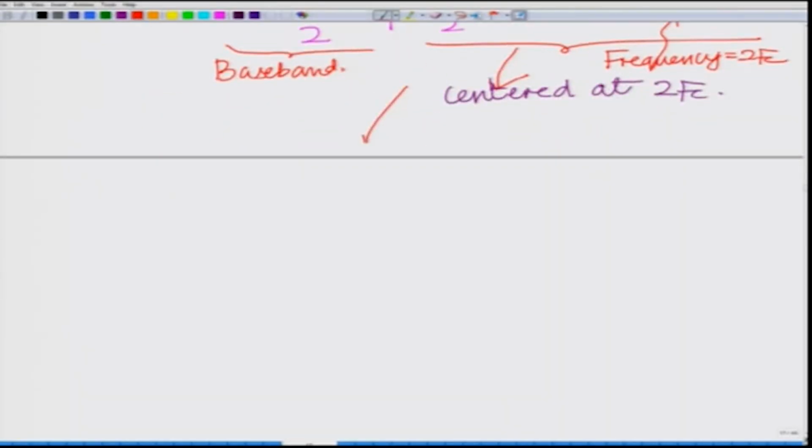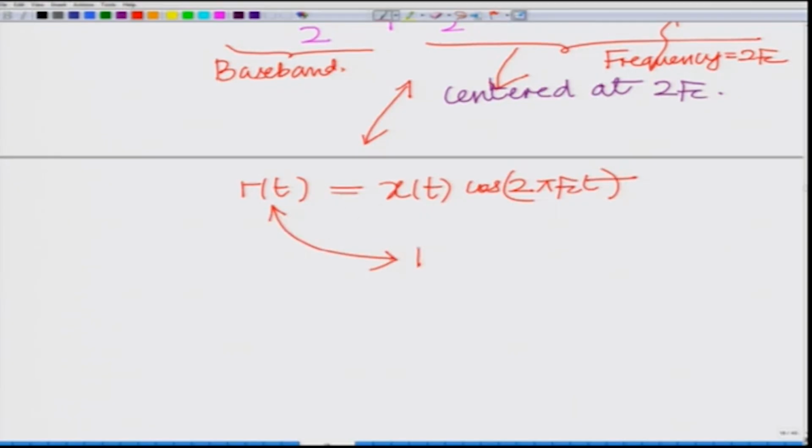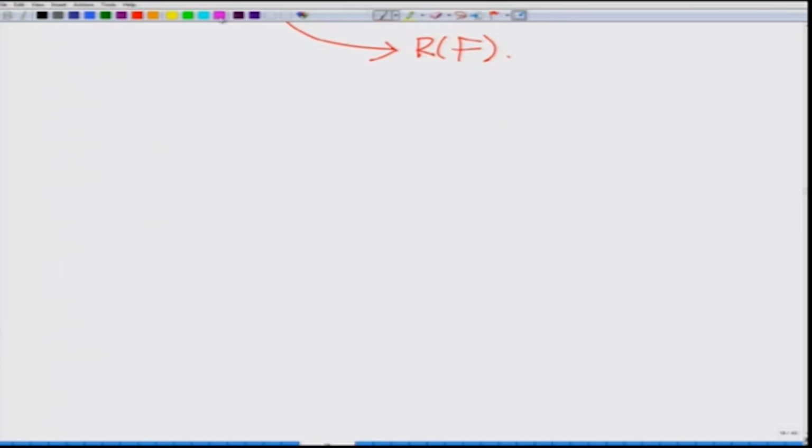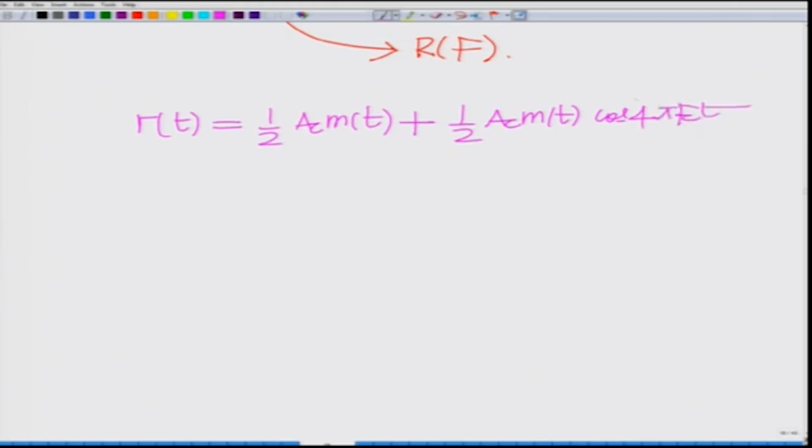So, the spectrum of this, that is r t equals x t multiplied by the coherent carrier, and if I look at the spectrum of this, that is R f, I can draw it as follows. Look at this, r t equals half A c m t plus half A c m t cosine 4 pi f c t.